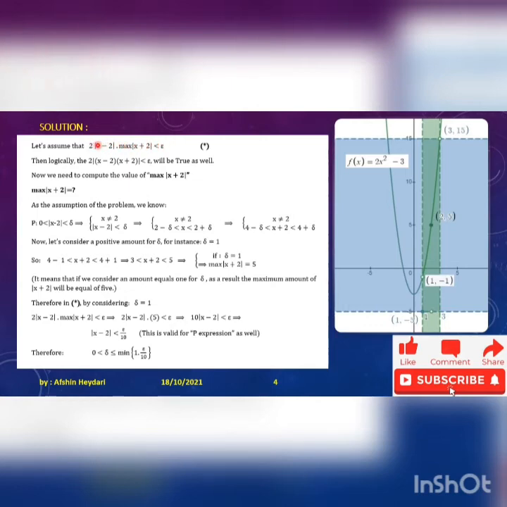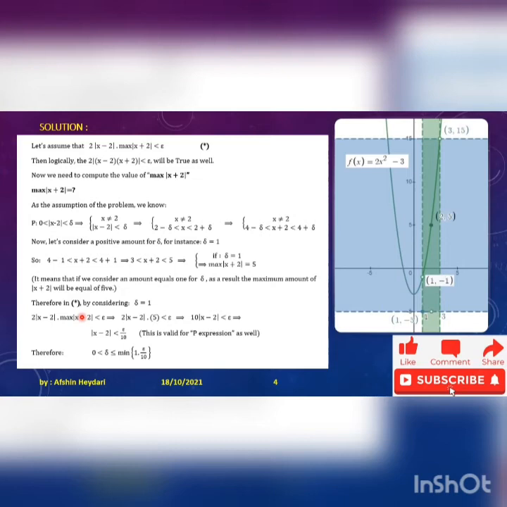Therefore, in this star expression, by considering delta equals 1, by plugging 5 instead of this maximum, 2 times the absolute value of x minus 2 multiplied by the maximum of the absolute value of x plus 2 is less than epsilon.